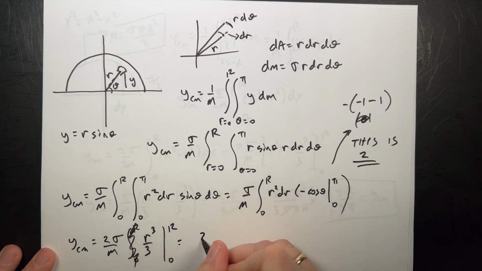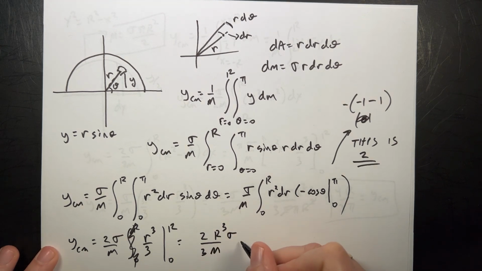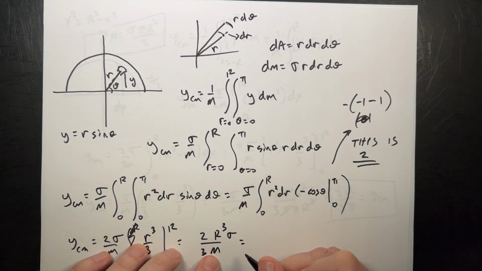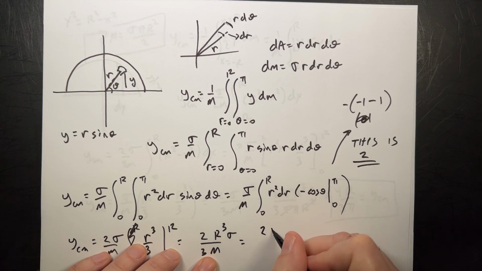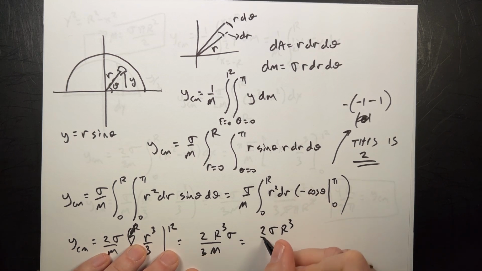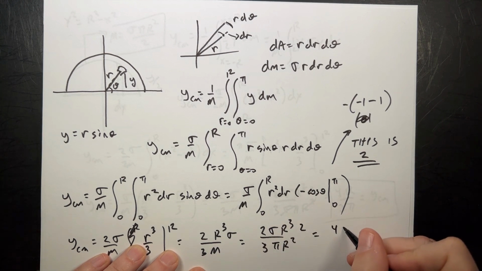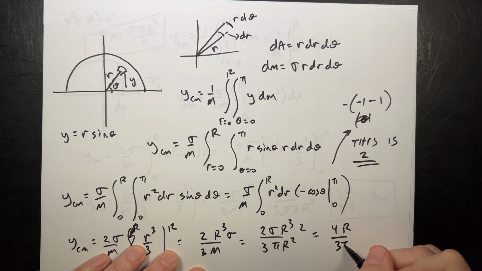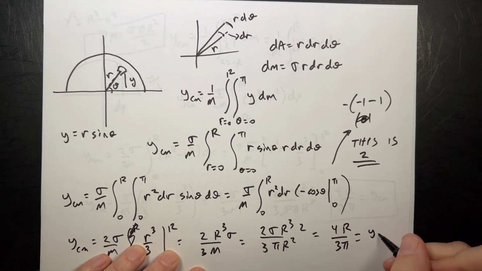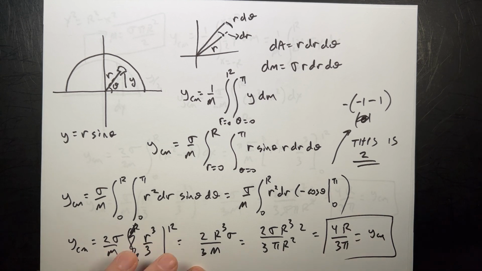And so I get 2 r cubed over 3 times sigma over m, which is the same thing I had before, because if I put in my mass, I get 2 sigma r cubed over 3 pi r squared over 2, and that's equal to 4r over 3 pi for y center of mass. It's the same thing. Fun, right?